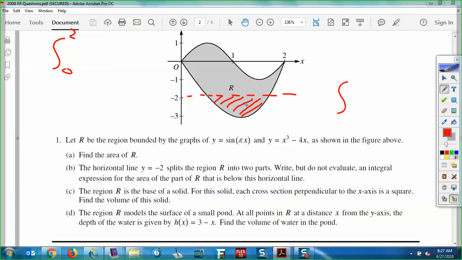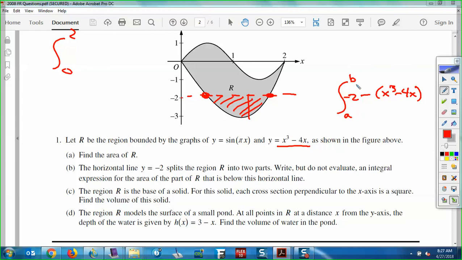Top minus bottom: -2 minus the x cubed minus 4x graph. You're going to have to go onto your calculator, set this curve equal to -2 and do a solve, and you should get 2 answers, and that's where your integral will go from A to B.